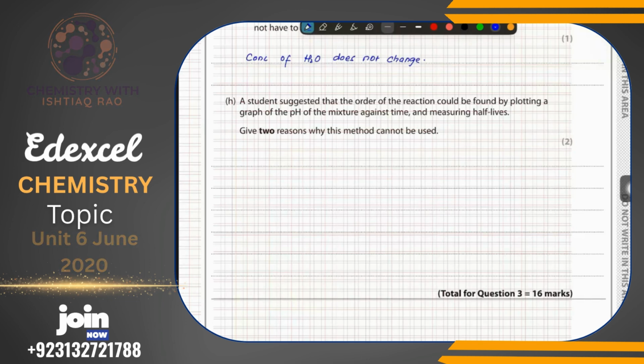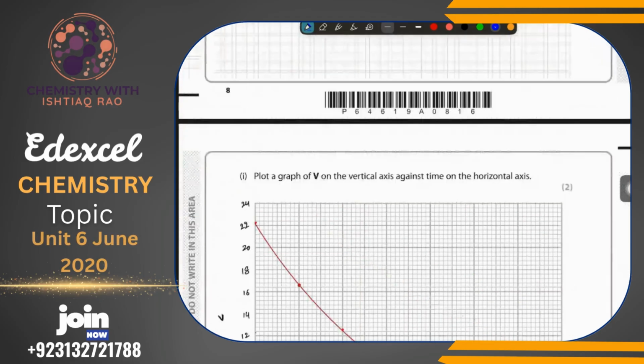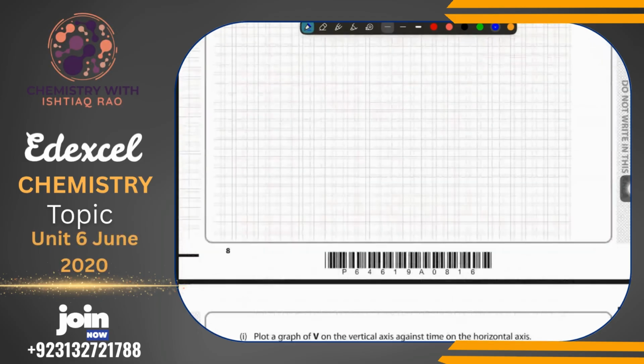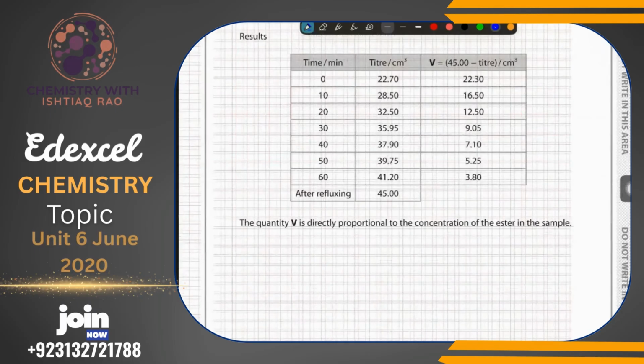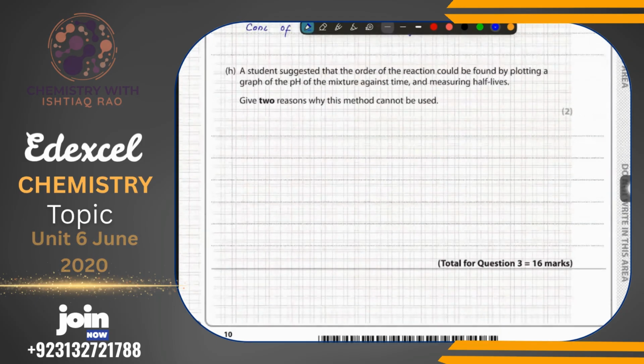It's very clear from the graph. If you know the formula, pH is equal to the negative log of the concentration of H positive ion. Negative log means it's inversely proportional. It's not directly proportional. And what's the other reason?